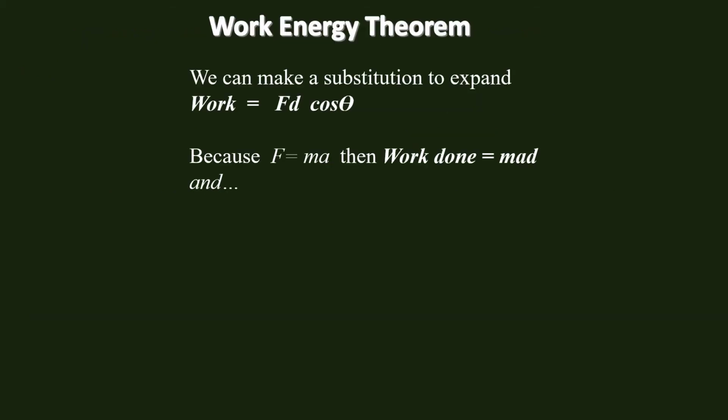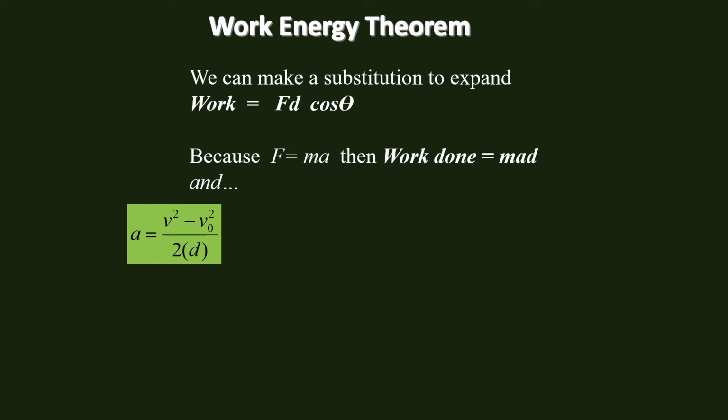Now we're going to go on to another theorem, which is called the work energy theorem. And let's just first start to see how this is derived from the work equation. Okay, because F equals ma, then work done equals mad. We talked about this in the previous slides.